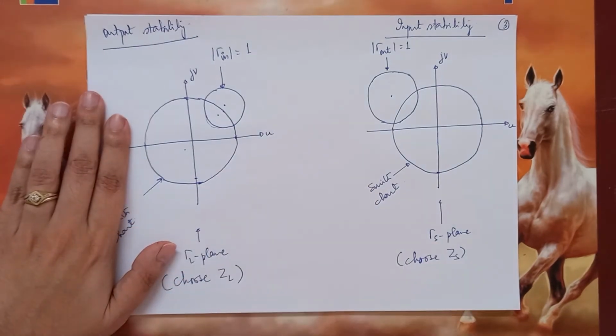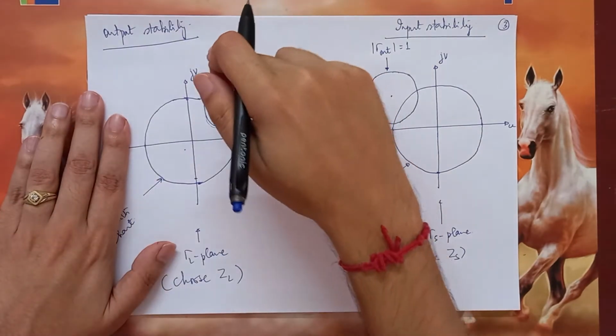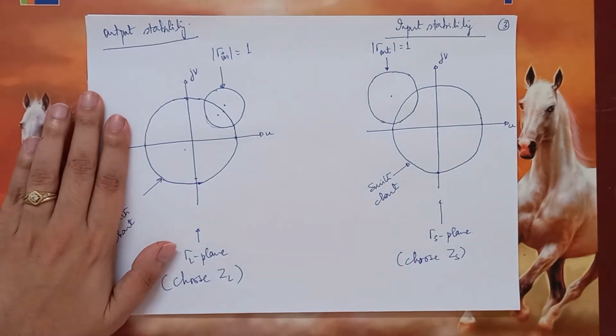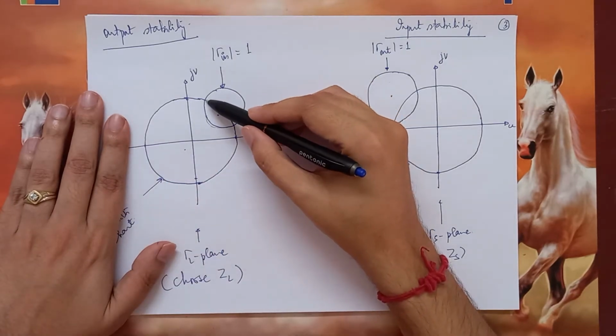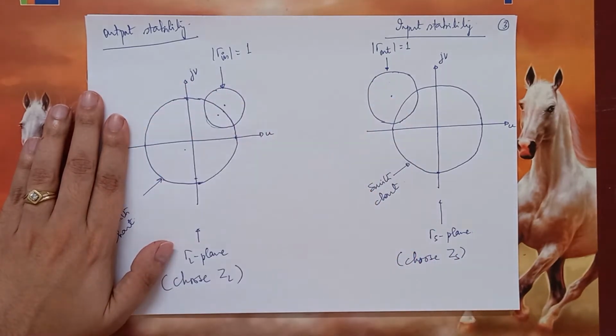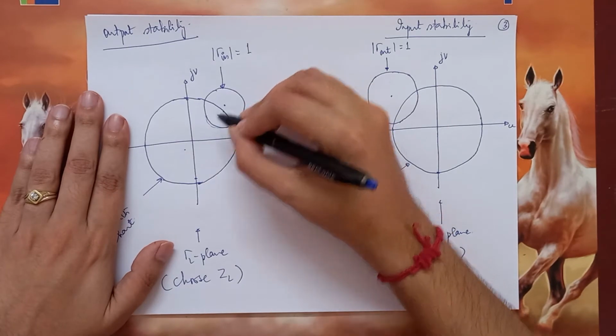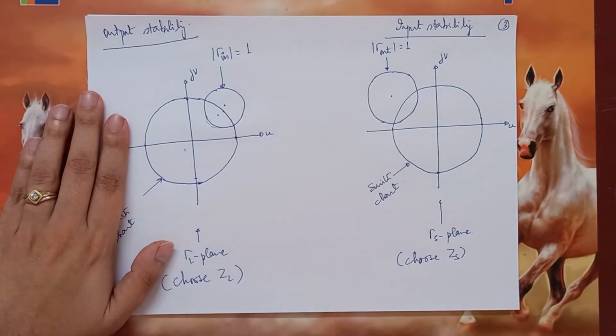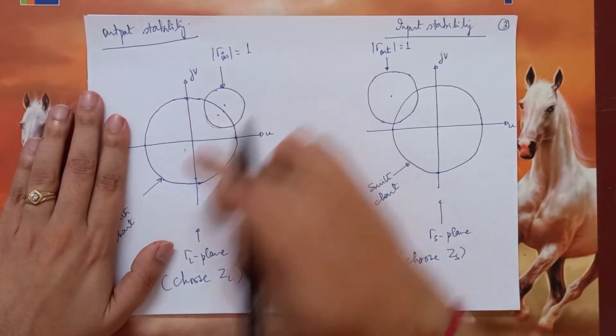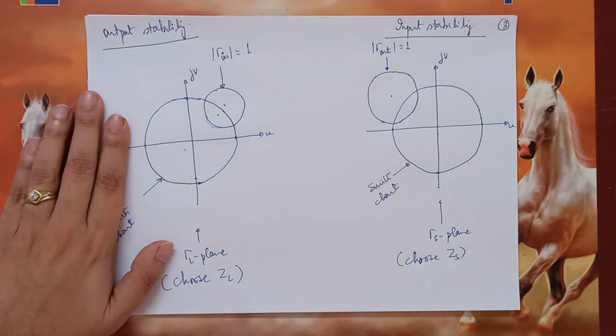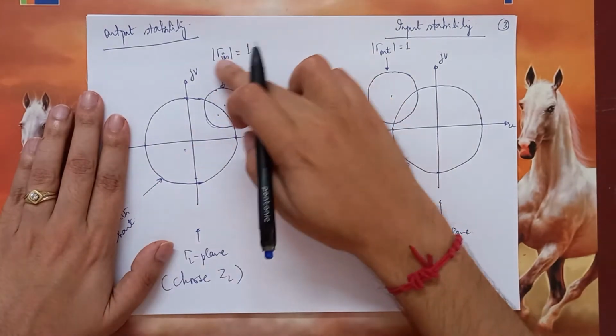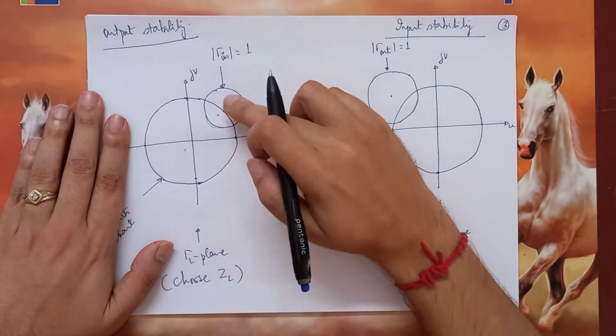But what do we want? For stability, we want that gamma in should be less than 1. Therefore, one thing I can say for sure, if I am somewhere inside the Smith chart, whether I am in this region or this region, the circumference of the circle or the arc of the circle, that locus indicates all points where gamma in is equal to 1.